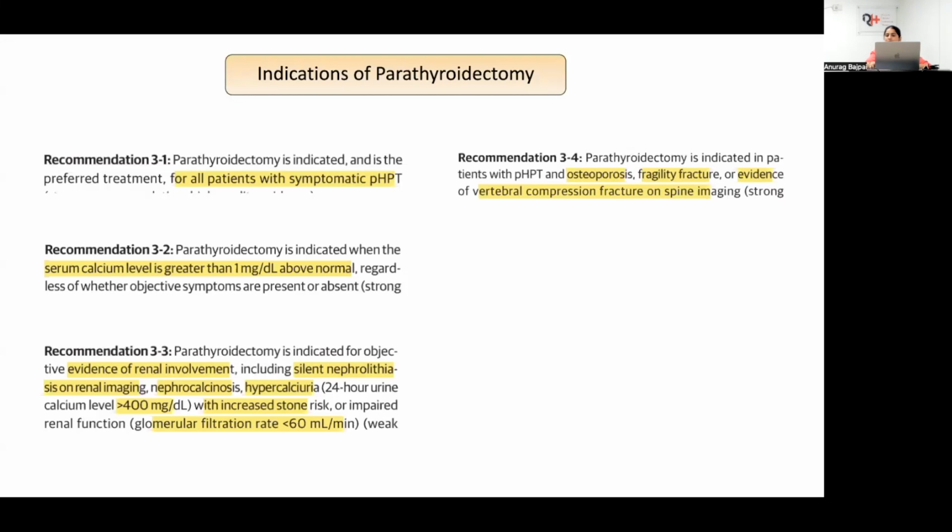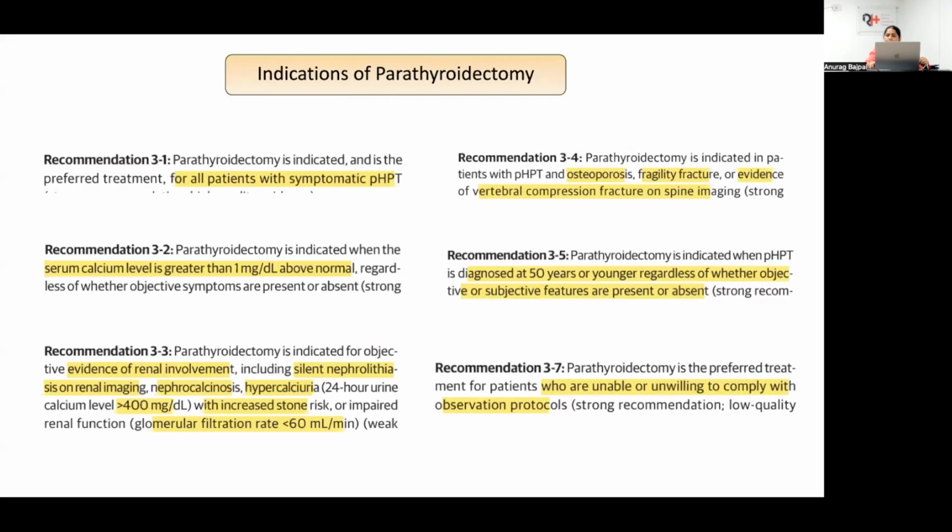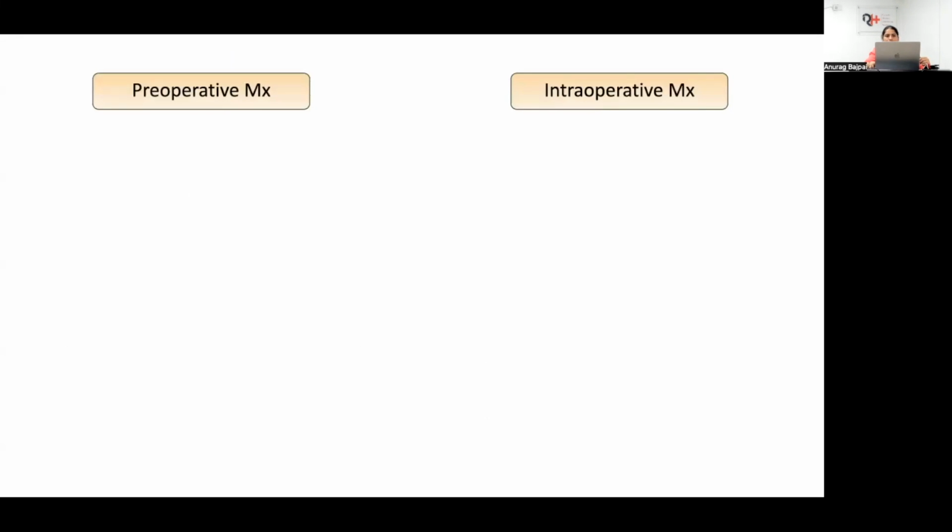And when they have osteoporosis, fragility fracture, or any evidence of vertebral compression fracture on spine imaging. When patients are diagnosed at 50 years or younger, regardless of whether objective or subjective features are present or absent, and those who are unable or unwilling to comply with the observation protocol, who could not be monitored for a long time, they become candidates for parathyroidectomy.